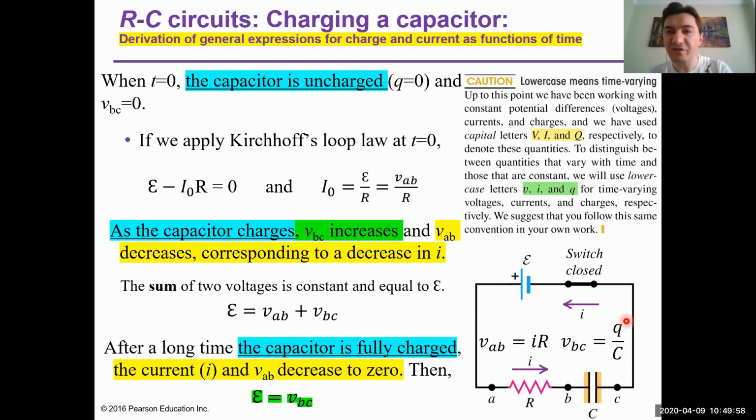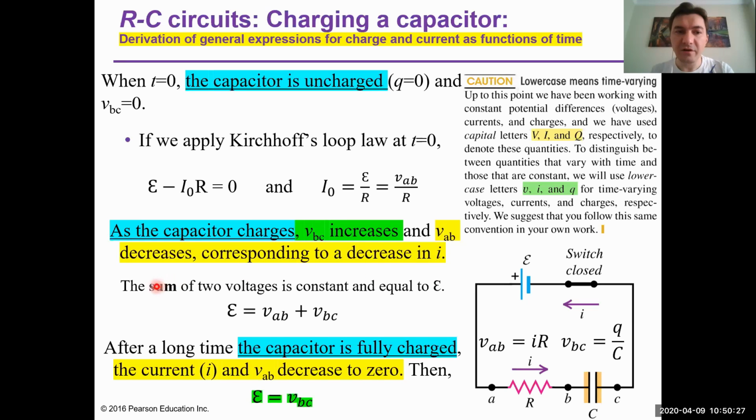Since the charge increases, the potential difference between B and C will increase. So VBC increases. And with time, the current here will decrease. Since the current decreases, VAB, the potential difference between A and B, will decrease, okay? Because the current is decreasing.